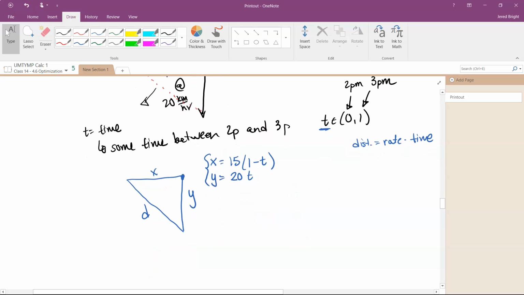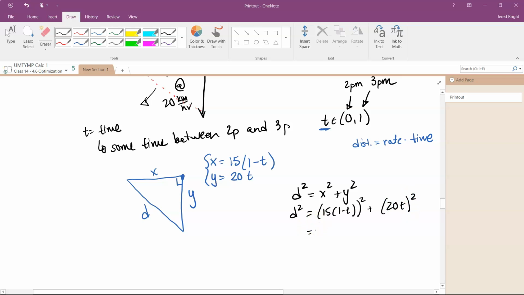Now we do have a right triangle here, so ultimately the equation that governs is the Pythagorean theorem. So d squared is equal to x squared plus y squared, but then I'm going to use those constraint equations and substitute those in. So x is 15 times (1 minus t), all squared, plus (20t) squared.